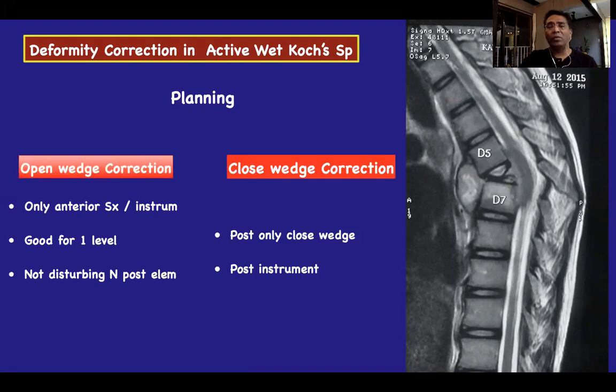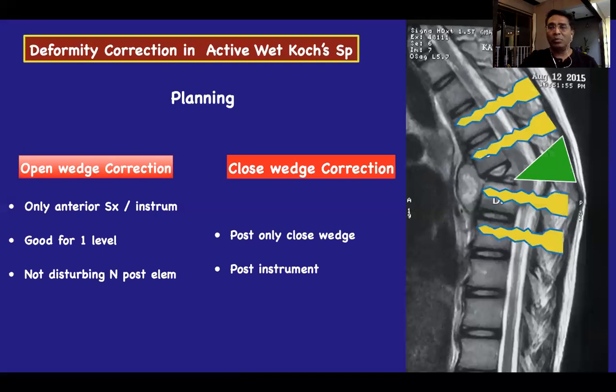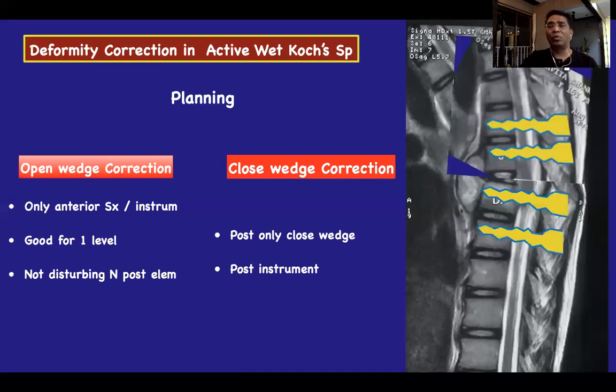Another way is you can go ahead and do a posterior closed wedge osteotomy. You put an upper instrumentation, put a lower instrumentation, excise the posterior and lateral elements, including the pedicles, and then you close the wedge. But when you close it like this, there are chances that the cord will get crumpled, especially if there's destruction of one or more bodies.